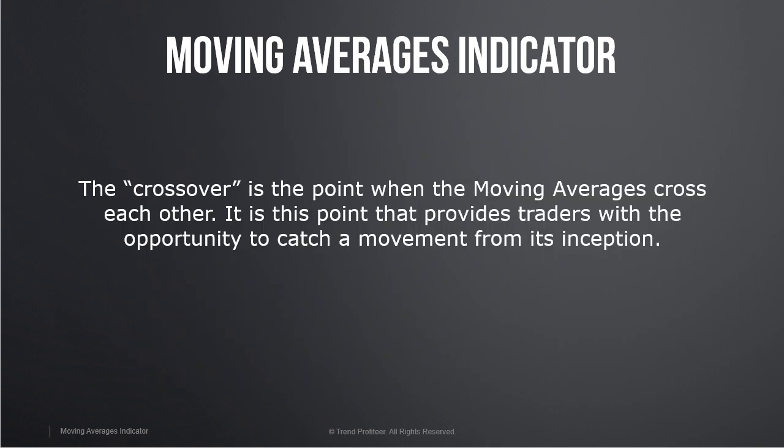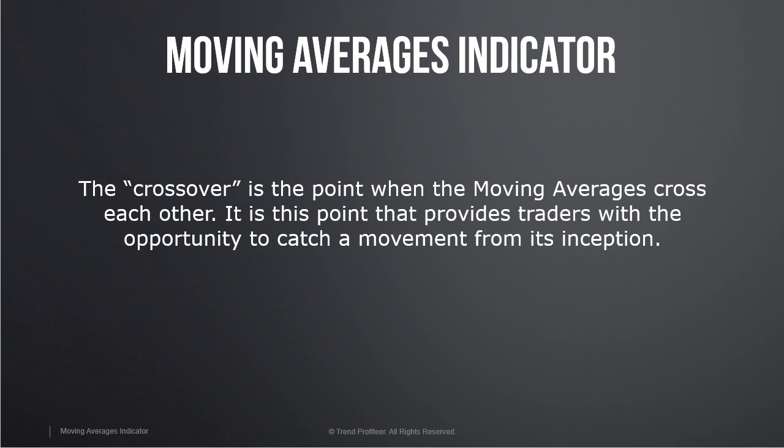The crossover is the point when the moving averages cross each other. It is this point that provides traders with the opportunity to catch a momentum or a movement from its inception. And I refer to that quite often. What was the inception of the trend? And the inception of the trend, the very beginning of it, was when the moving averages crossed over. Whether it's up or down doesn't matter.